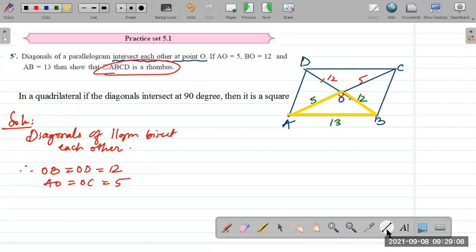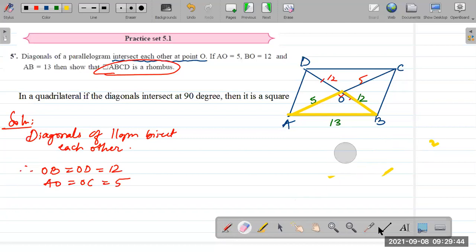When we are given three sides and we have to prove that one angle is 90 degrees, we have to prove that the square of the highest number, in this case 13, is equal to the sum of squares of the remaining two sides, that is 5 and 12. If the left hand side is equal to the right hand side, then we say that angle O is 90 degrees.